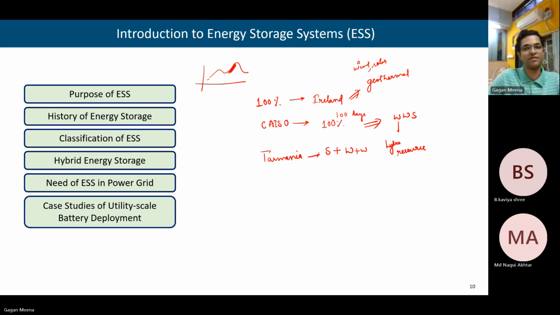So if other countries don't have this, and they want to integrate a large amount of renewable, then who will do this role of providing the flexibility requirement if the conventional is also less? If we want to reduce conventional and at the same time manage the variability, then storage is required.